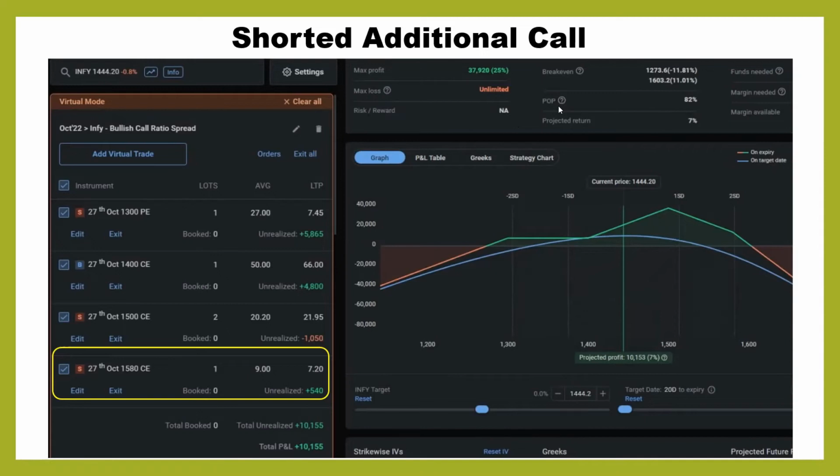Of course, 1580 is very far OTM, right? If you see here, after taking this 1580 call sold, my range has come to 1273 to 1603. It has improved again, almost a 23% range. And POP, earlier 67, is now 82%. Observe this POP, it will still improve more. Of course, profit would be more, I got an additional 9 points.